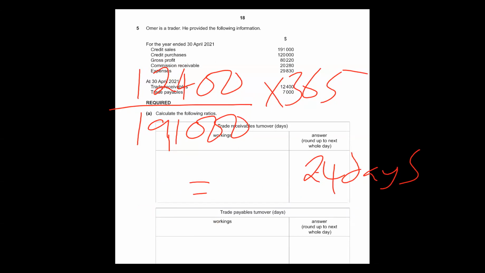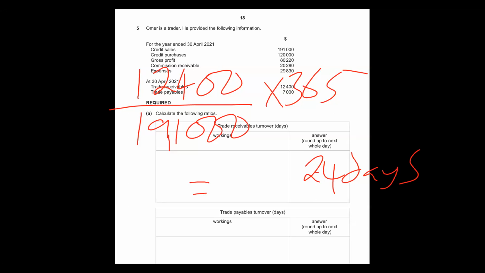We are also asked to calculate the trade payables days. The trade payables days equal to trade payables divided by the credit purchases.